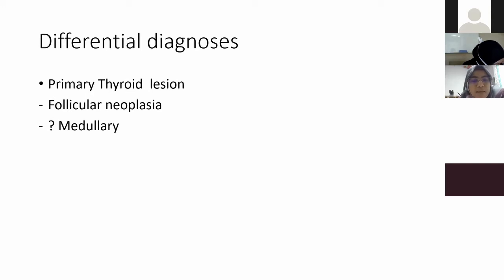So these are the possible differential diagnoses. The other possibility, is it possible for a non-thyroid primary? Still possible, but it is down on the list because it is very rare.